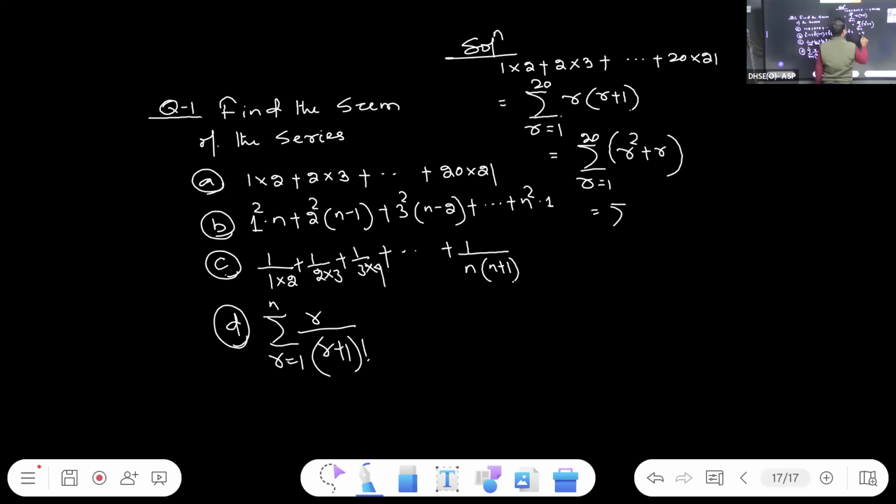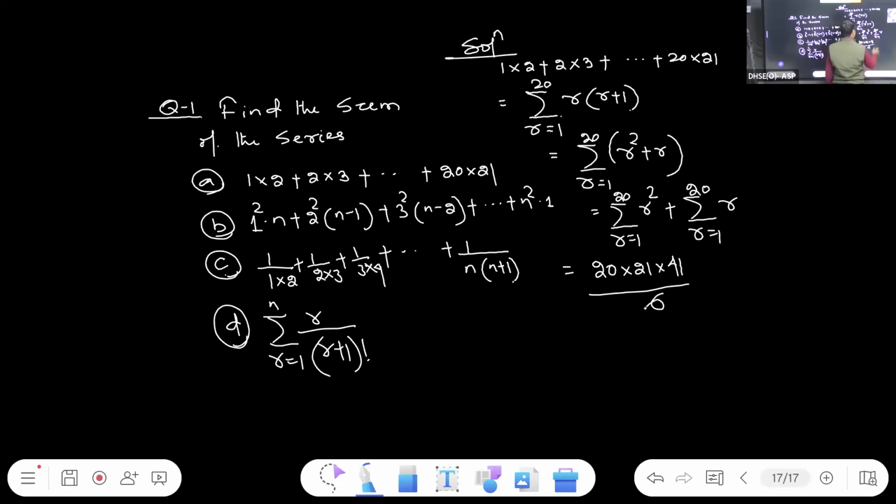This is equal to sigma r equals 1 to 20 r square plus sigma r equals 1 to 20 r. So n into n plus 1 into 2n plus 1 by 6, that is 20 into 21 into 41 upon 6, plus n into n plus 1 divided by 2.